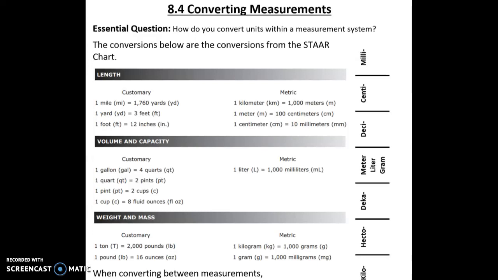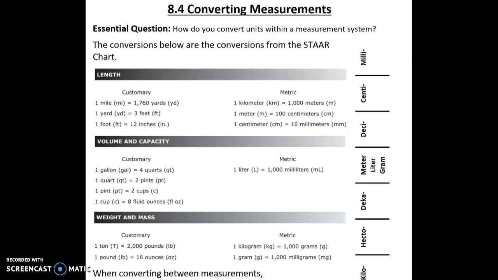So below is the conversion chart for the STAR test. You'll become familiar with this as we work through this lesson and then into our geometry lesson. Here we have length, volume and capacity, and weight and mass. In all three sections we have customary and metric units.